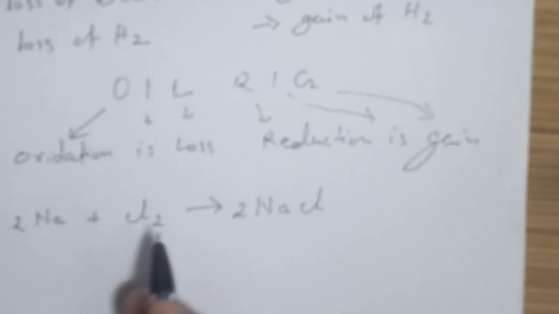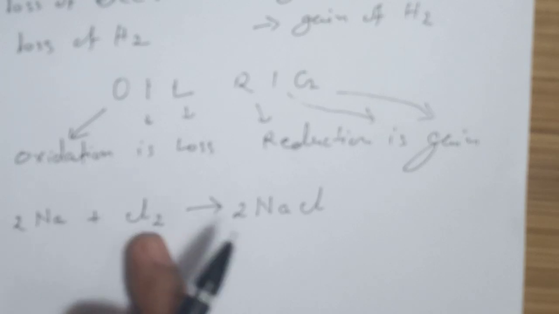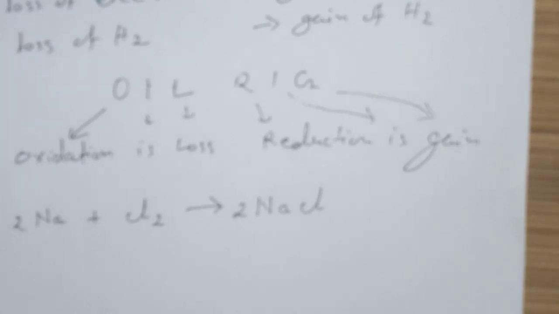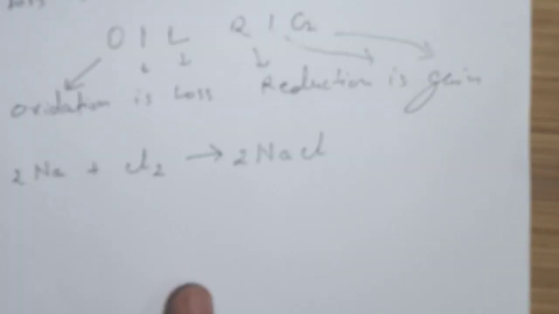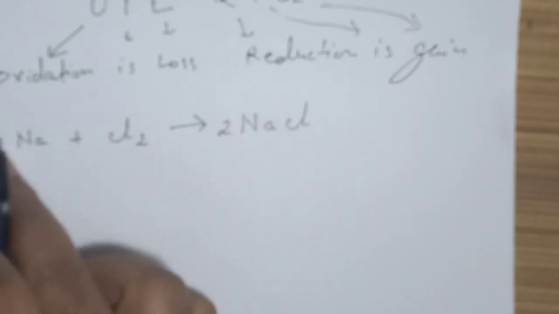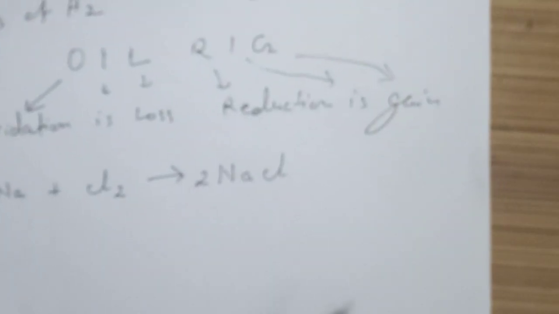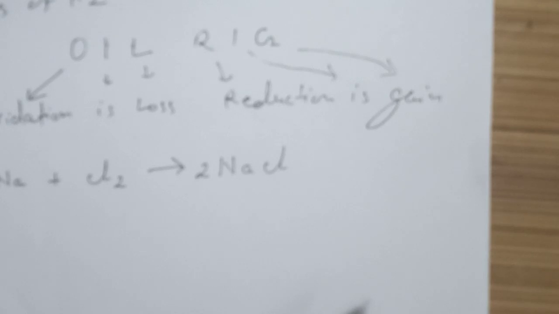Now the question is, commonly you could say, oh, there is no oxygen, there is no hydrogen, then how could it be oxidation and reduction here? But oxidation and reduction are happening here. It's a redox reaction. Why? Because in the definition we have seen there is a loss of electron and a gain of electron.